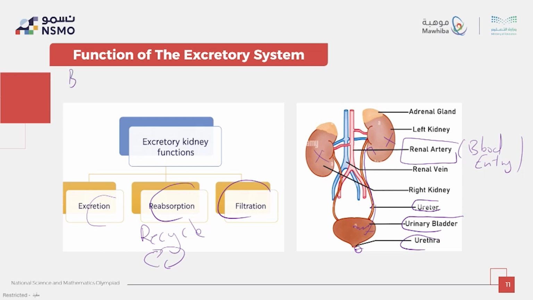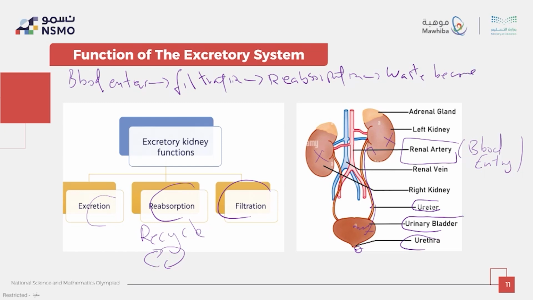Blood enters, goes through filtration, then through reabsorption, then the waste becomes urine, and the urine is excreted out of the body. So this is the simplified flow.